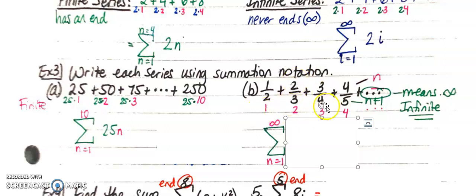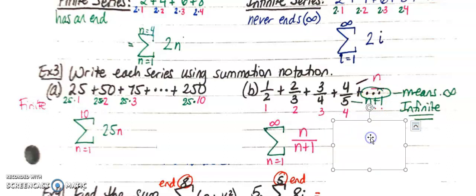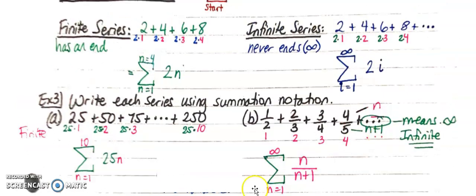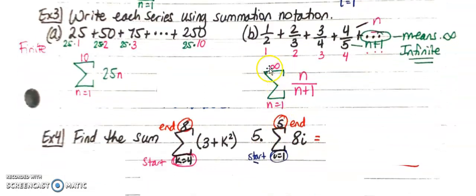So again, this is just like the other example where we have n on top and we have n plus 1 on the bottom. So instead of subtracting now, we're adding 1. So our rule for our summation notation is the summation from n equals 1 to infinity, because we're infinite, of n over n plus 1.